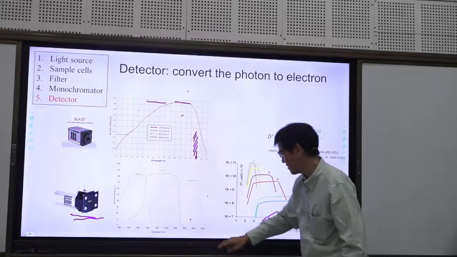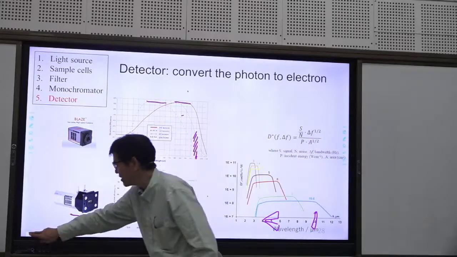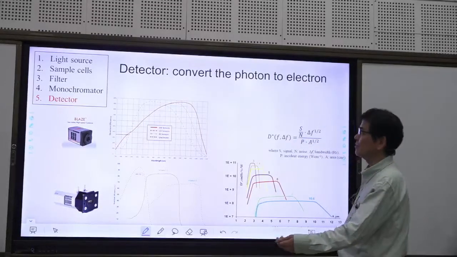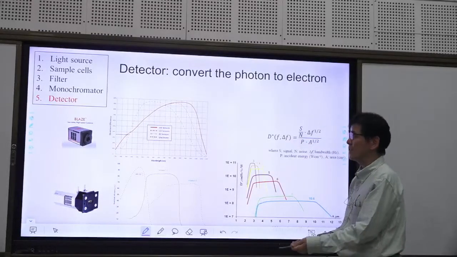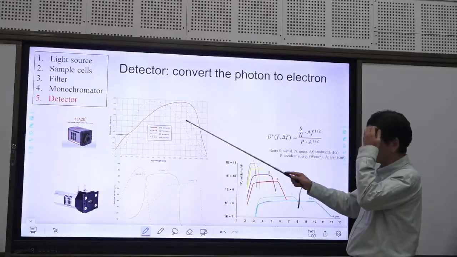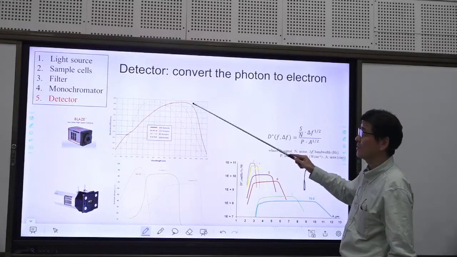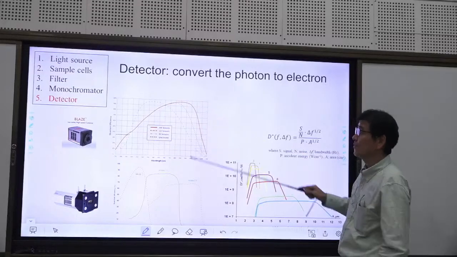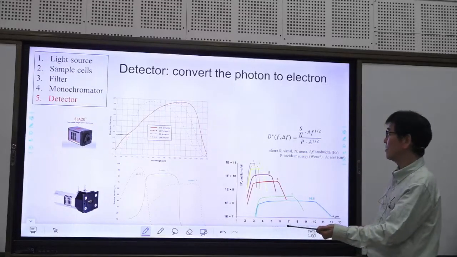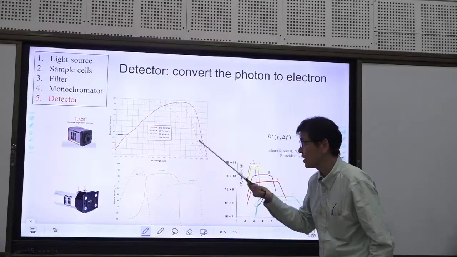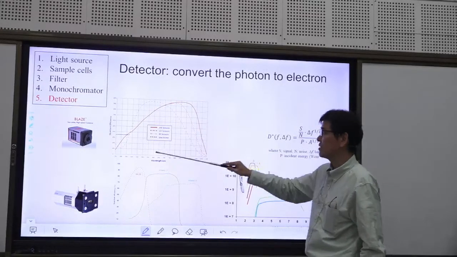Okay, so technology is always improving, and the conversion efficiency is close to 100% at limited wavelengths. So when you purchase the detector, please check the sensitivity curve.